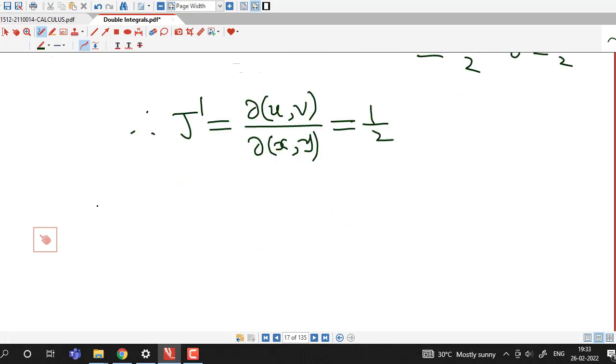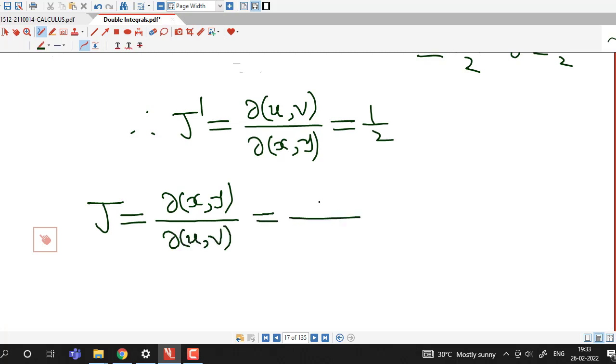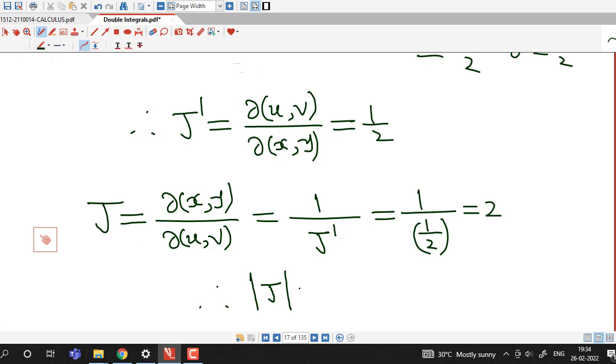And we are interested in the Jacobian J of xy with respect to uv, and using the property of Jacobian we know that this is given by the reciprocal of J dash, that is 1 over J dash. So we consider 1 over 1/2, that is 2. Therefore the Jacobian is 2, and if we consider the absolute value of the Jacobian we will obtain 2, because 2 is positive.